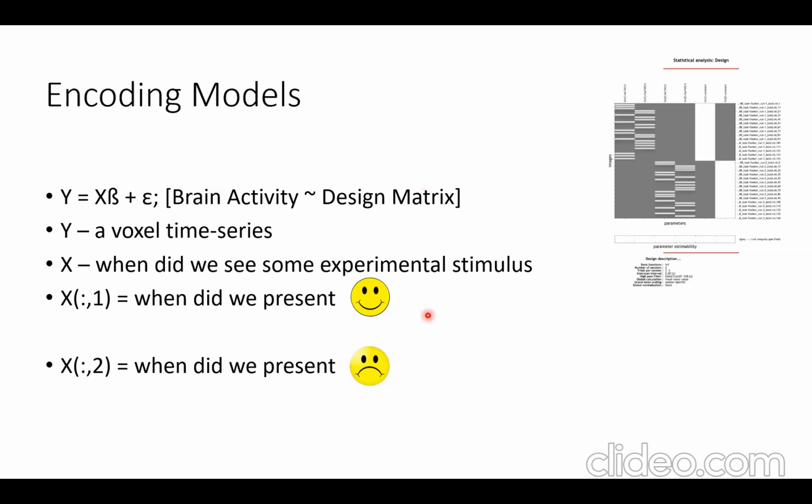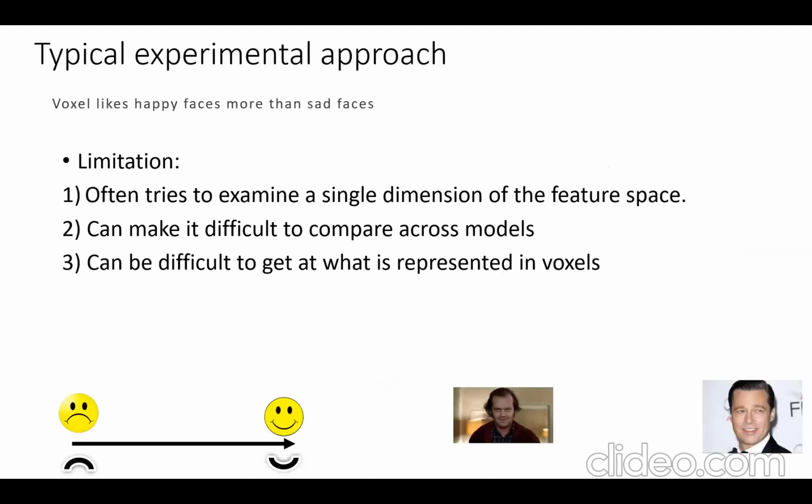And here we have, in this particular example, focused on just 2 faces, so happy faces and sad faces, and these are the experimental conditions that we care about. So the typical experimental approach, which is very much oversimplified here with just happy and sad faces, is that we control these experimental stimuli by trying to match them and reduce their variability as much as possible.